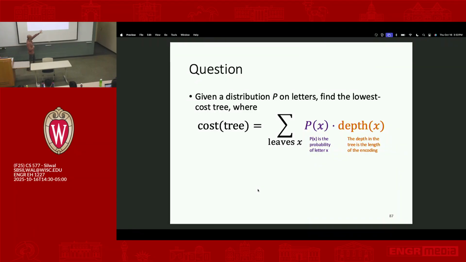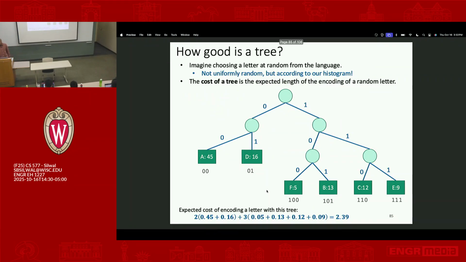What is this cost? It's the probability of selecting the letter times the bits used for that letter, so how deep it is in the tree. Going back to this example, 45% of the time I'm going to have an A, and then I pay 2. So that's why 45% of the time I pay 2. This is the expected value, okay?